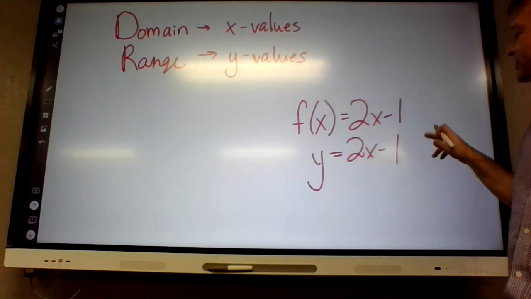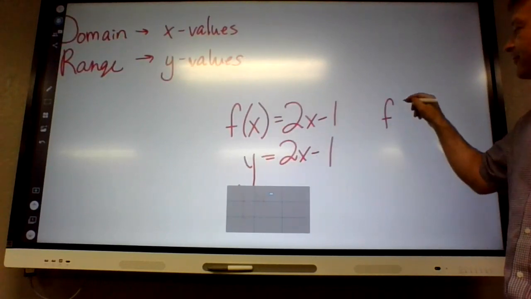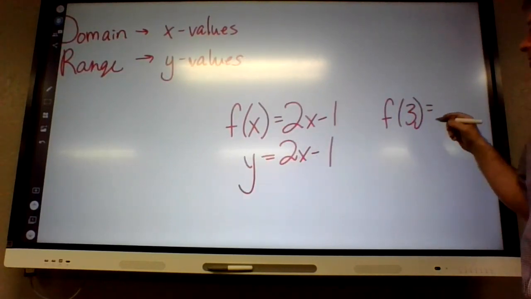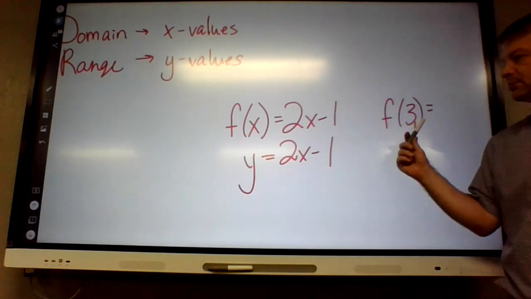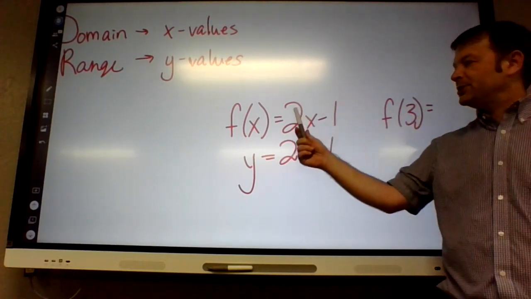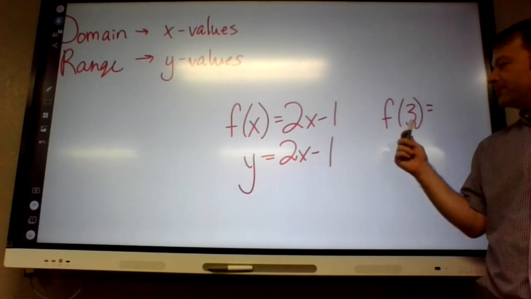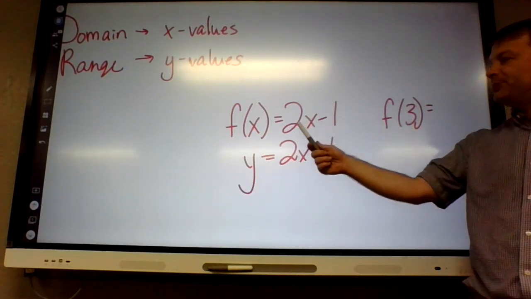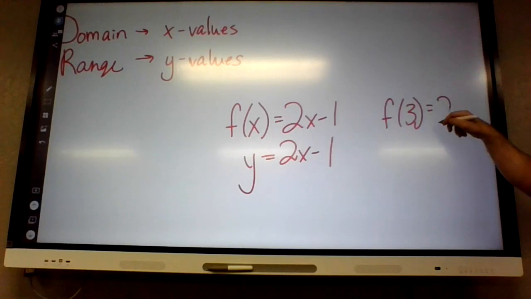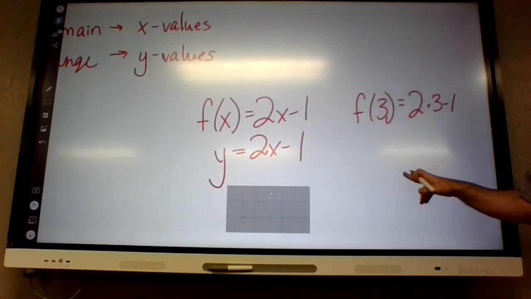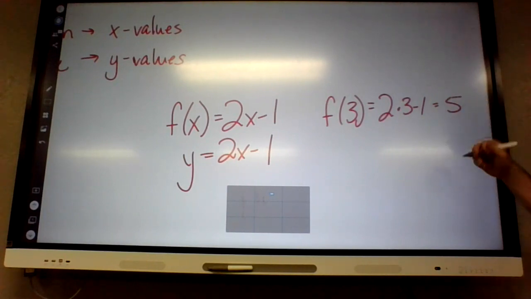But basically, if I said, what's f of 3, what does that mean? It just means what's the function going to be worth when the x value is replaced with a 3. So it would just be 2 times 3 minus 1, which is 5. So f of 3 is 5.